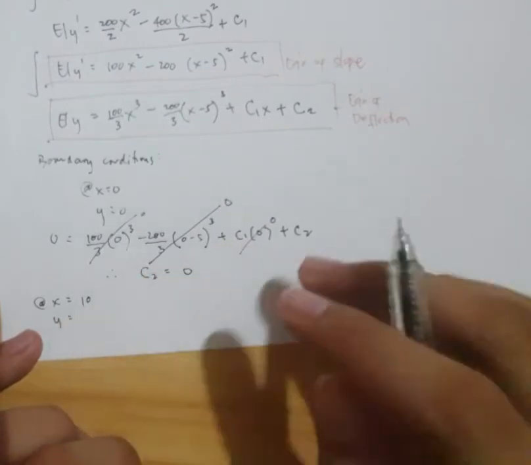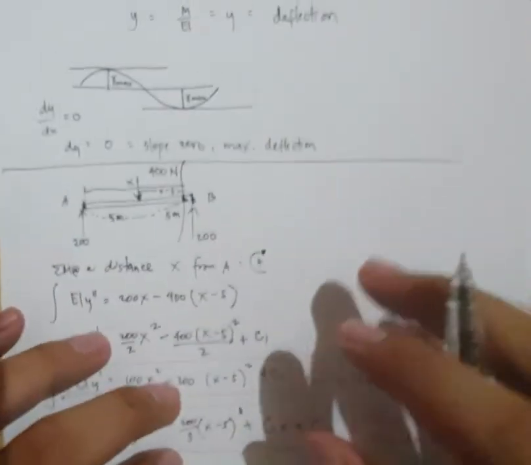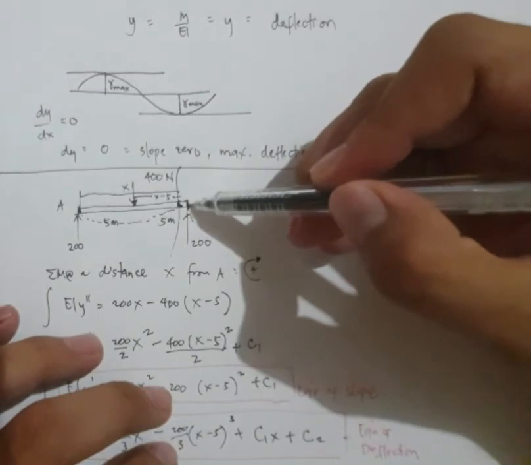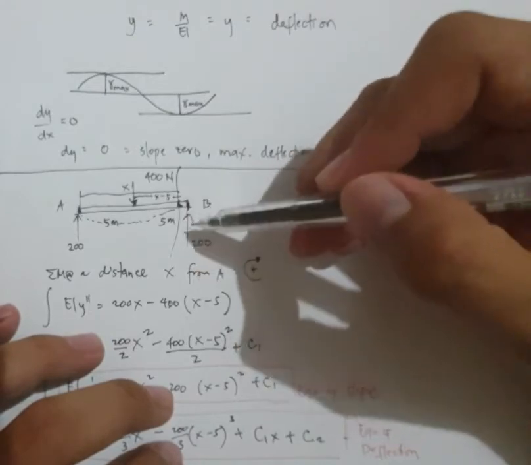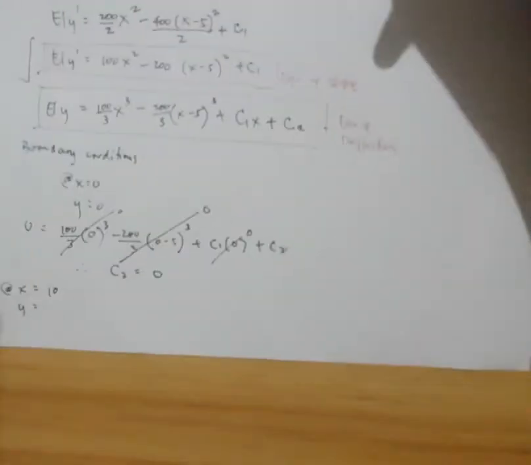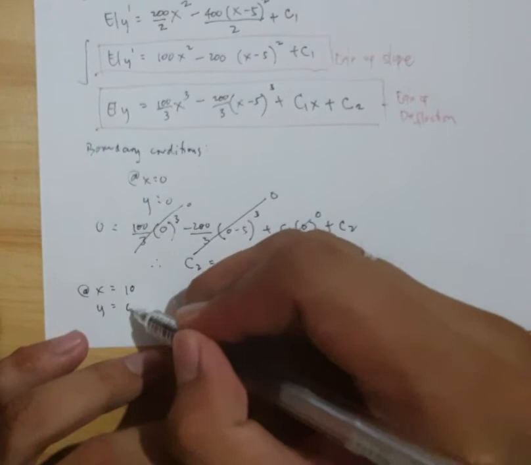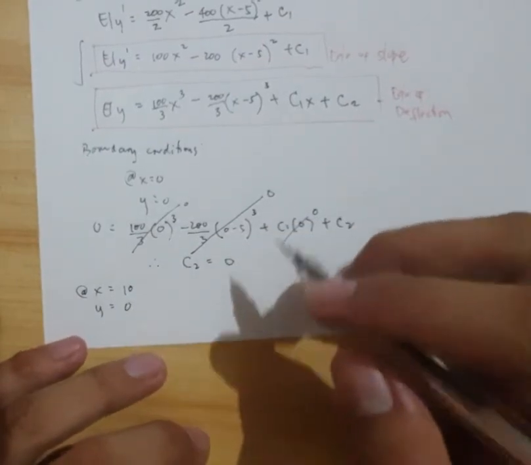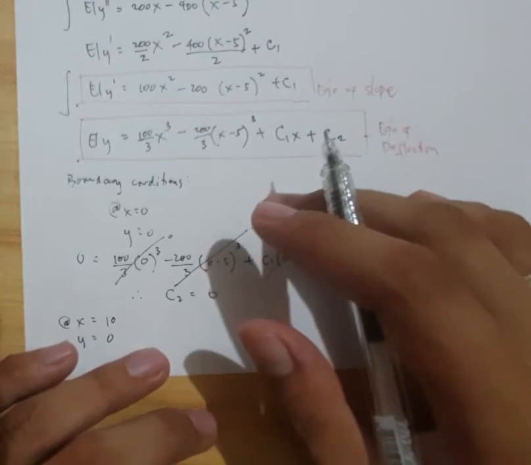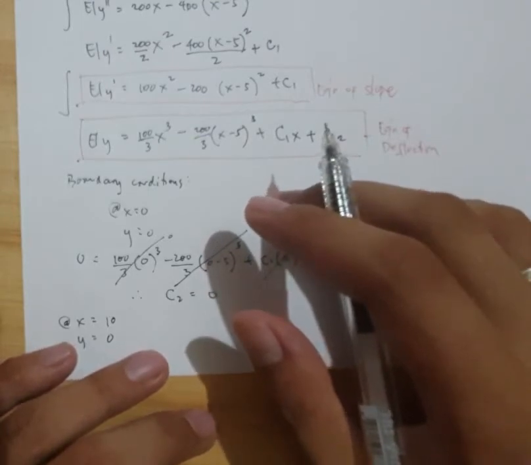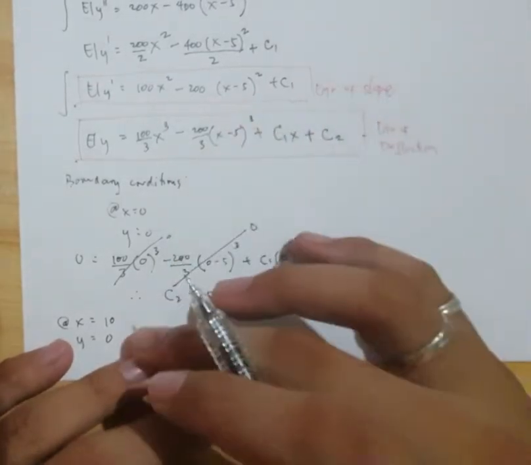At x equal to 10, y is still 0 because we are at the support, so there is no downward movement. So we put this in the deflection equation again. Okay, the deflection equation.